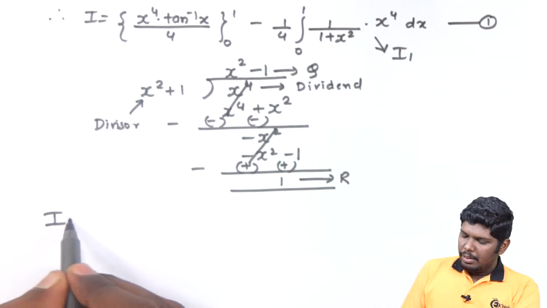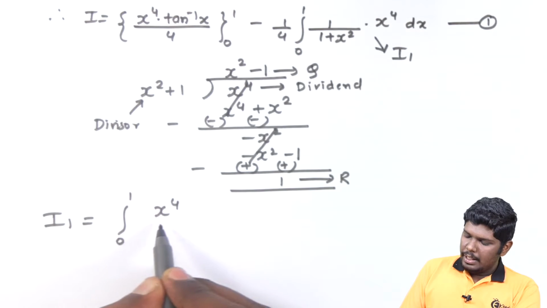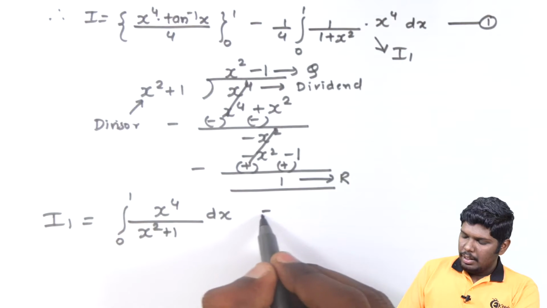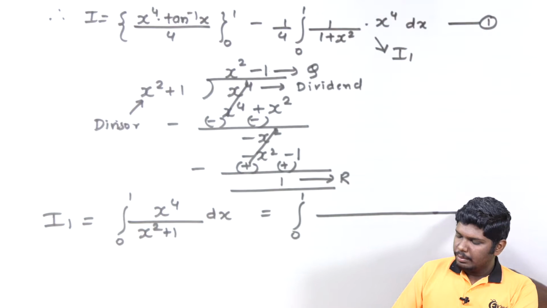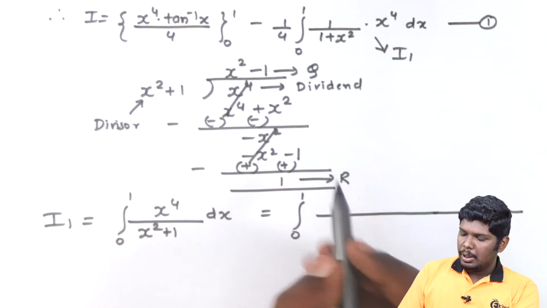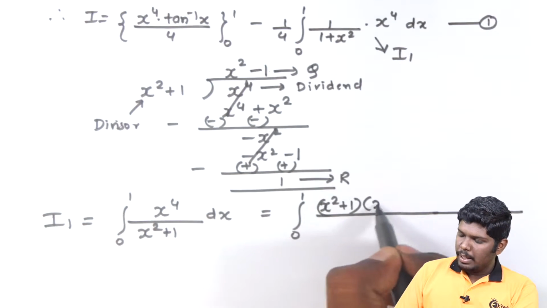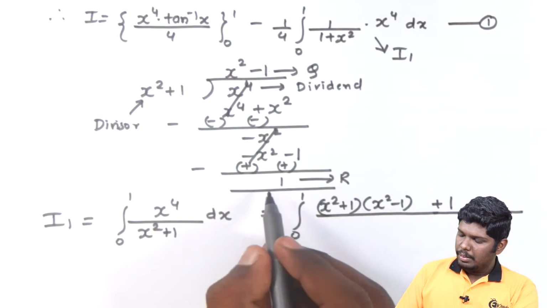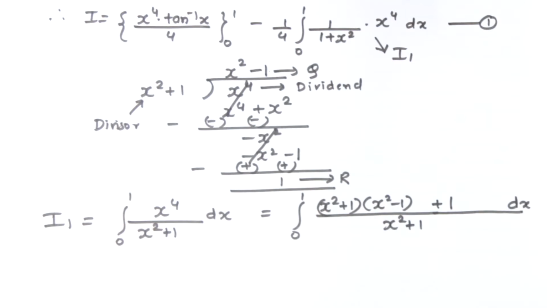So, I1 will be equal to integral 0 to 1 x raised to 4 upon x square plus 1 dx. That can be further written as 0 to 1, x raised to 4, that is our dividend, will be written as x square plus 1 into x square minus 1 plus remainder, which is plus 1, divided by x square plus 1 dx as it is.